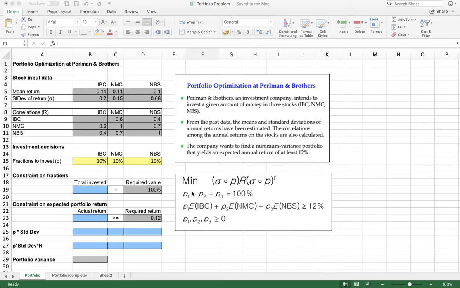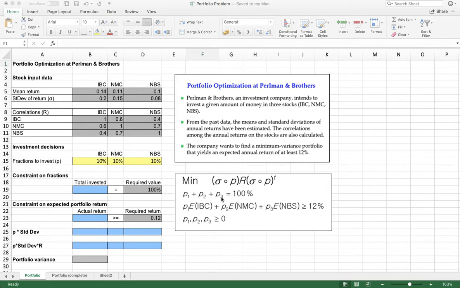We define 3 variables in this model. P1 is the proportion of the funds invested in the first stock, IBC. P2 is the proportion of the funds invested in the second stock, NMC. And P3 is the proportion of funds invested in NBS.